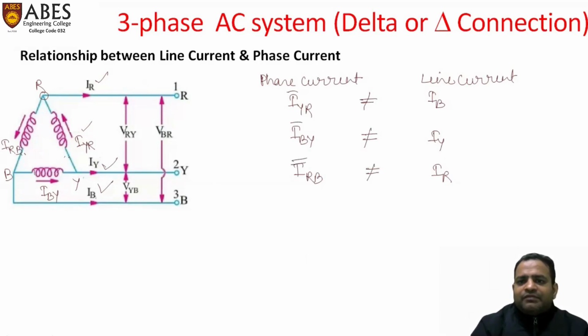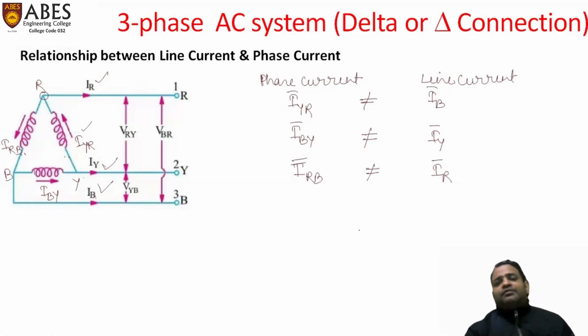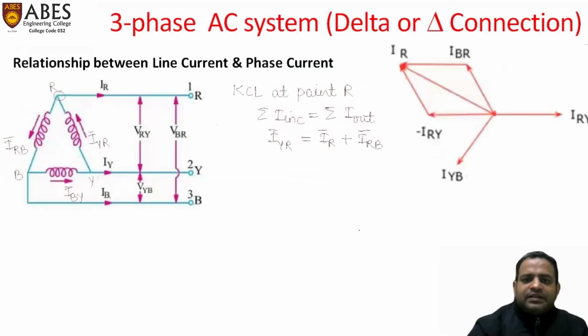So how can we find the relationship between line current and phase current? We can see here in the next slide. Here at R point, if we take KCL, this is our incoming current, and these two are our outgoing currents.